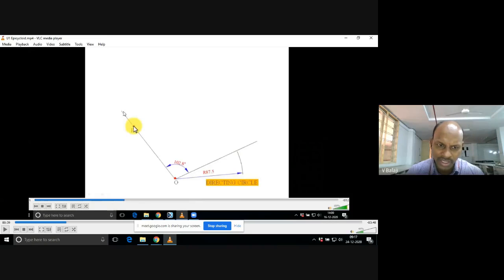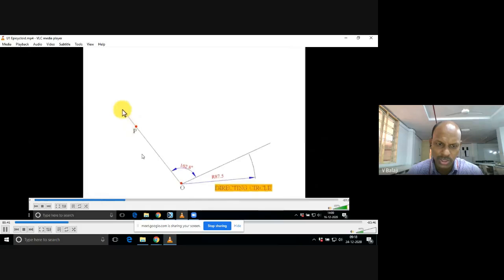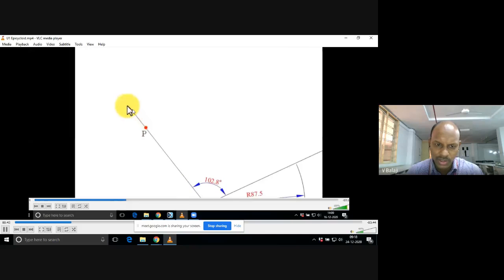You mark the center of the circle here and draw the rolling circle with 25 radius. Now you can observe like this. Extend that line further and take the radius 25, draw one circle like this.